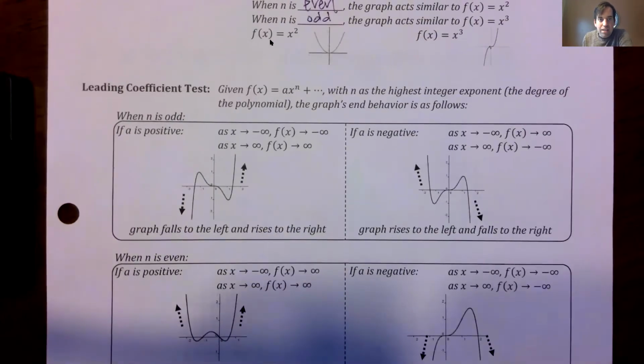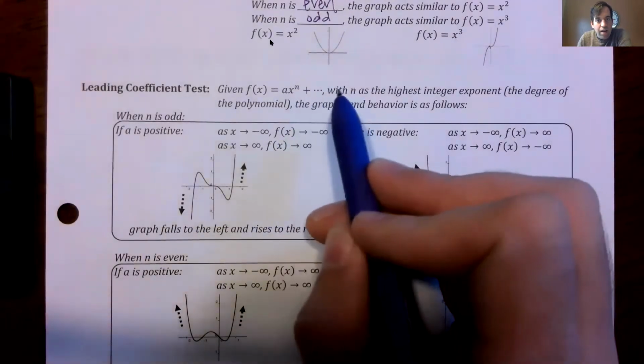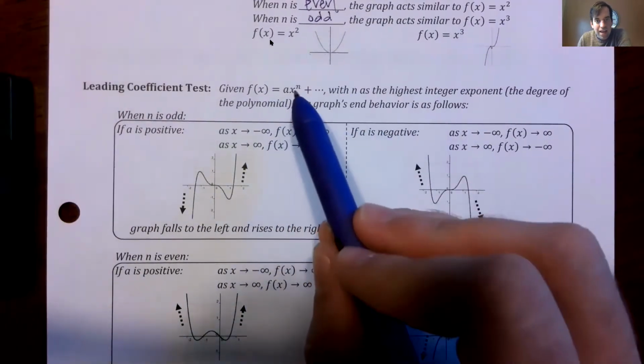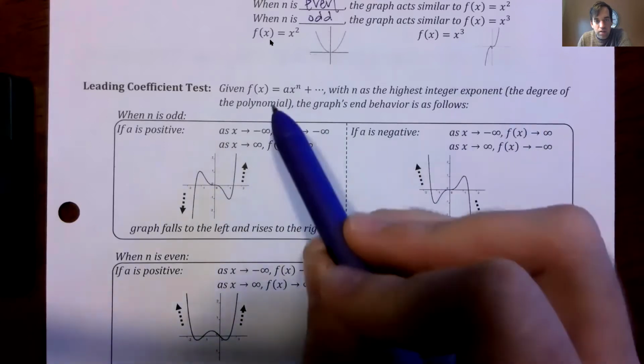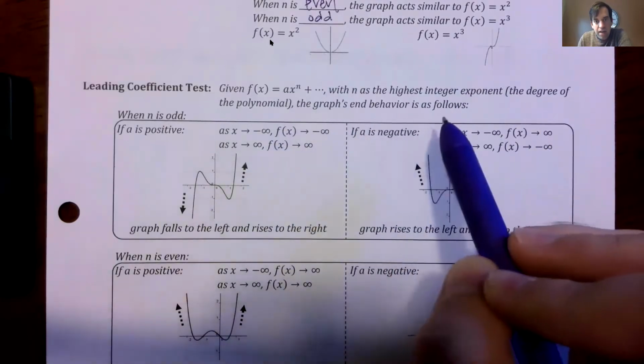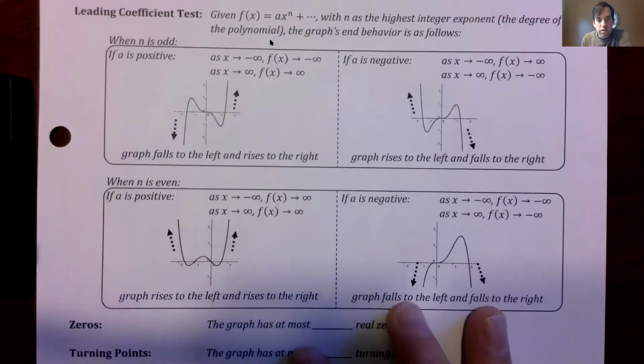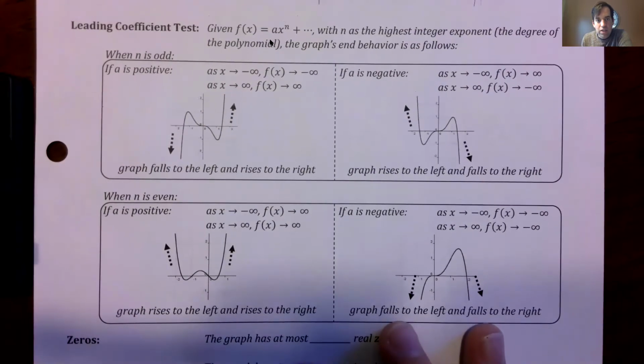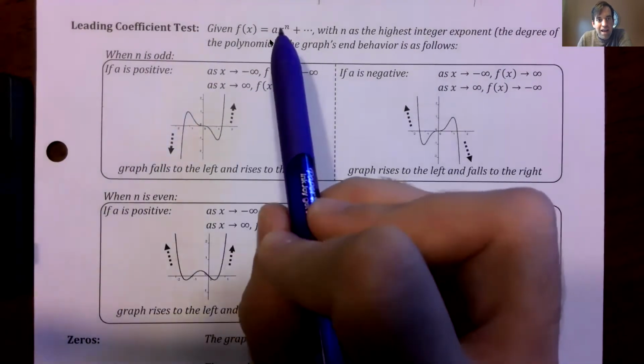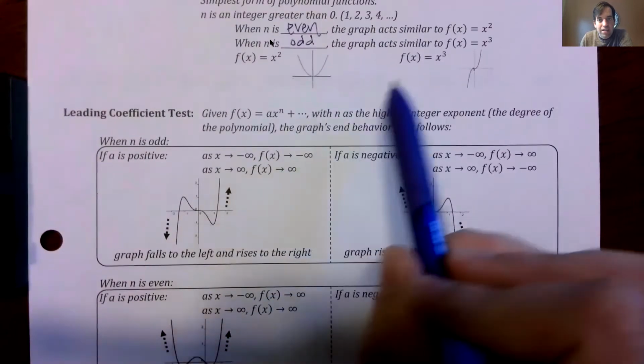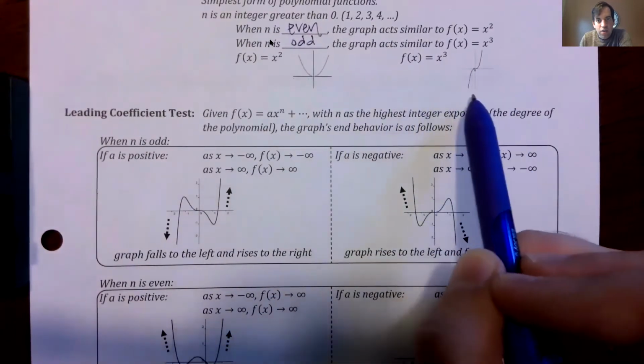Given f of x equals ax to the n plus whatever, with n as the highest integer exponent, in other words, the degree, the graph's end behavior is as follows. So there's kind of 4 different situations that might happen. If n is odd, remember we said if n is odd, it's going to be similar to x cubed.